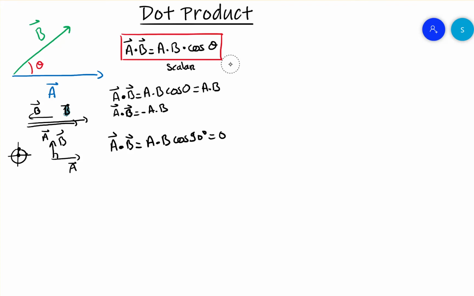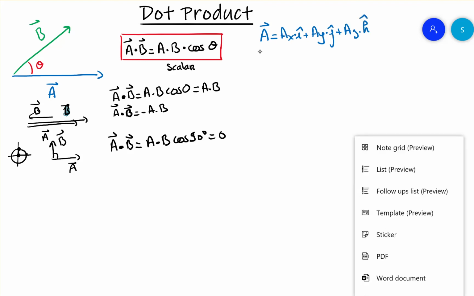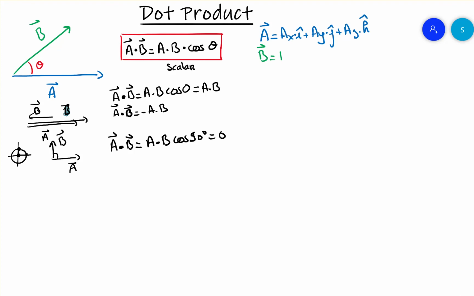Let me explain that. Let's say we know A in Cartesian vector form, so Ax i hat plus Ay j hat plus Az k hat, and we also know B, so Bx i hat plus By j hat plus Bz k hat.